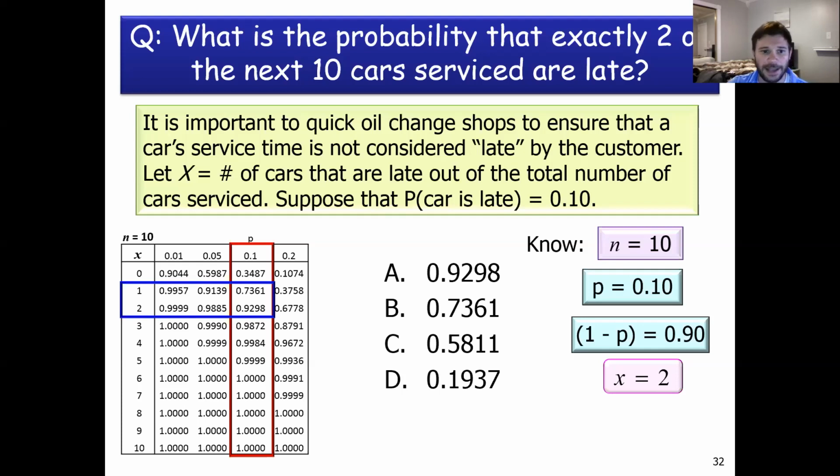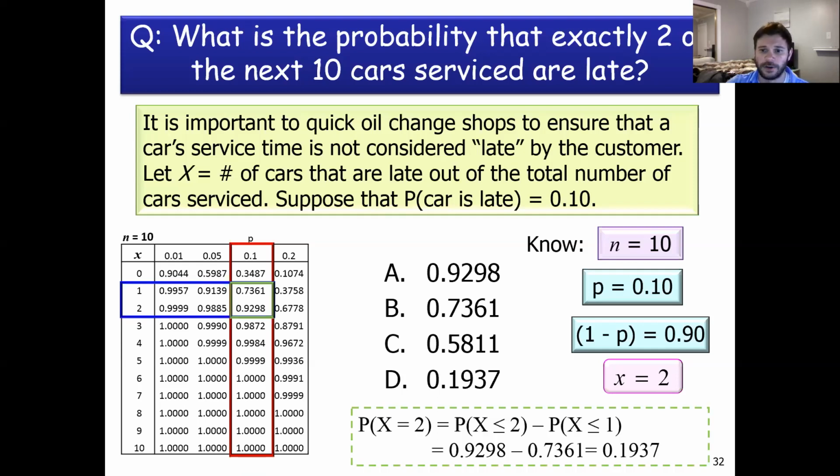And as we saw in the last example, I'm going to have to subtract those 2 probabilities from each other. If I take the probability of 2 or fewer minus the probability of 1 or fewer, that gives me the probability of exactly 2 cars being serviced late, which comes out to 0.1937 or 19.37%, which is choice D.